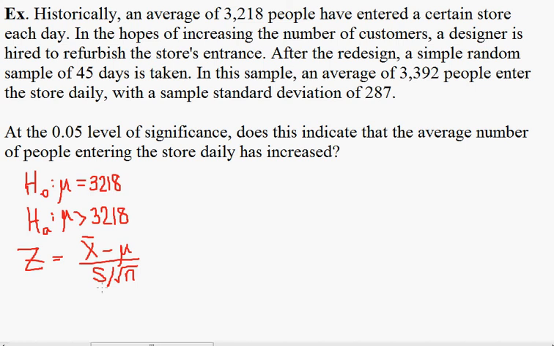Okay, so for this particular problem, let's go ahead and do the calculation here. X bar is equal to 3,392. That's our sample average. Under the null hypothesis, the true population mean is 3,218. And then I would divide this by 287 divided by the square root of 45.